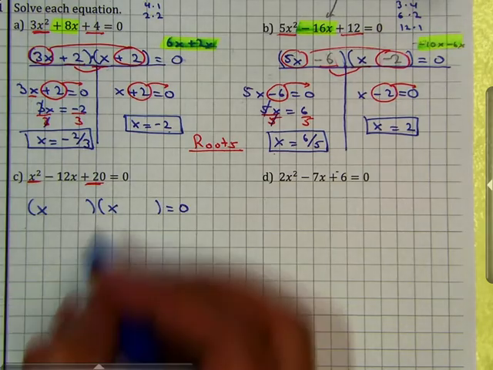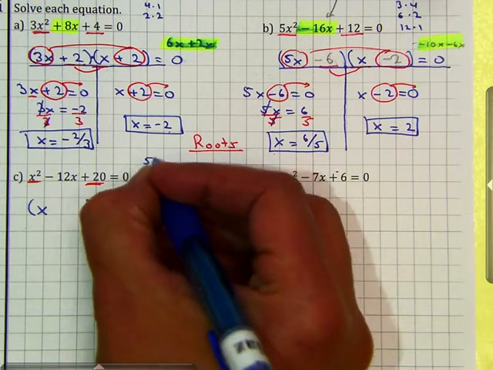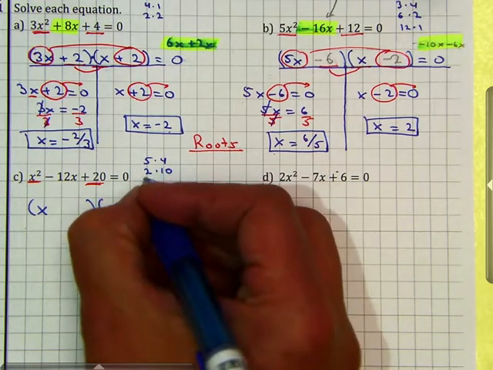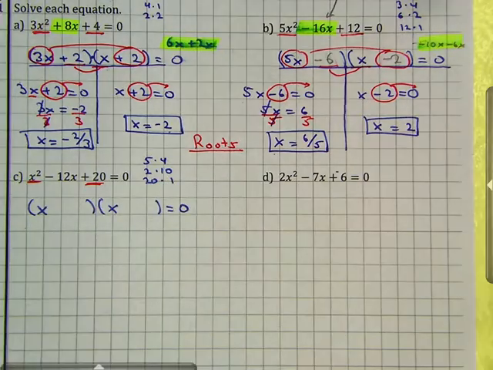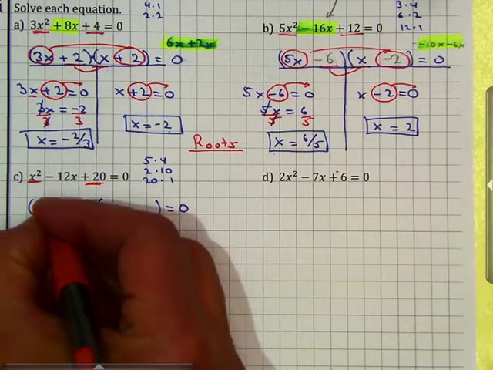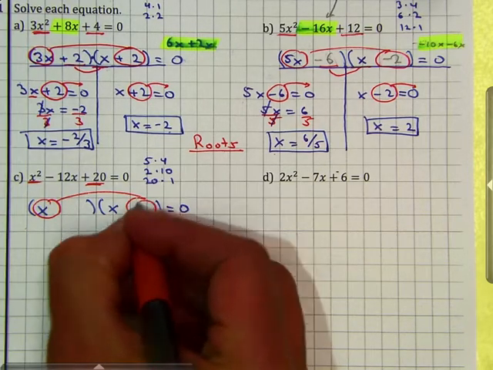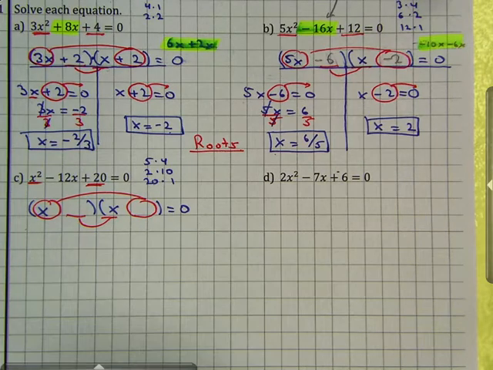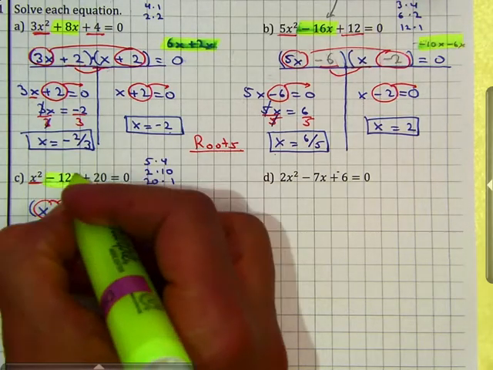I can use 5 times 4, 2 times 10, or 20 times 1. Whenever I multiply my outside numbers and I multiply my inside numbers, they should add up to a negative 12x.